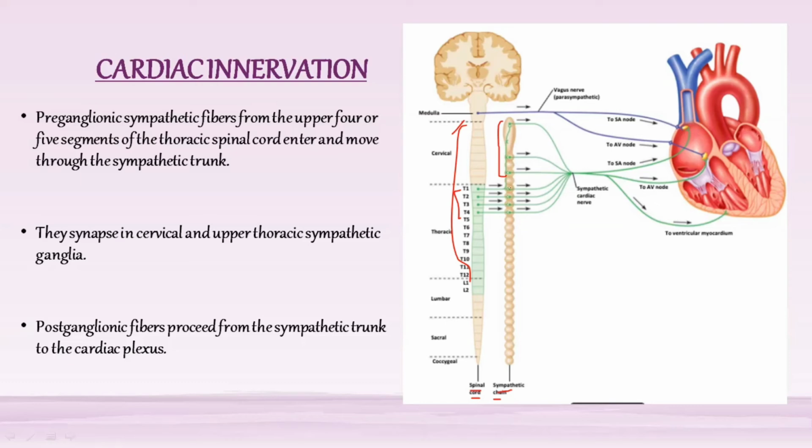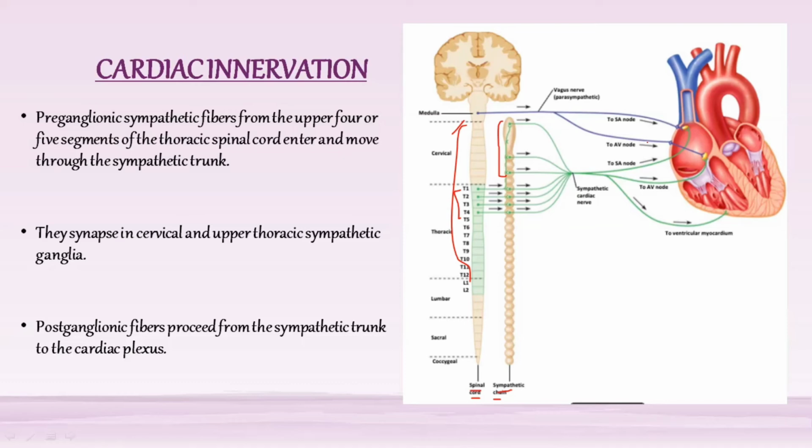Now inside the sympathetic trunk, some fibers move in the upward direction, means in the cervical region. So the synapses occur both in the cervical and thoracic region of the sympathetic trunk, the sympathetic chain. Now the postganglionic fibers arise from both the cervical segment and the thoracic segment of the sympathetic chain. Now these postganglionic fibers innervate the heart through the cardiac nerves. These are called cardiac nerves.